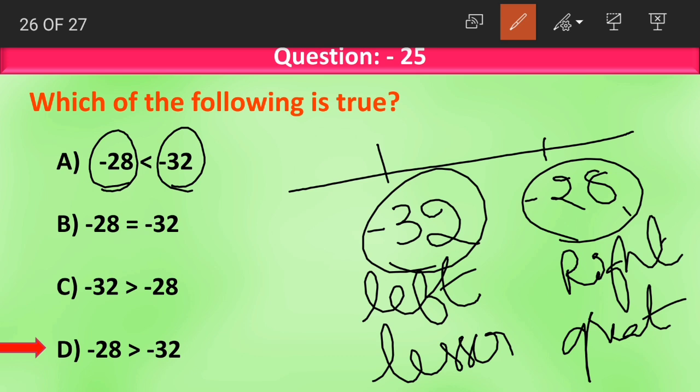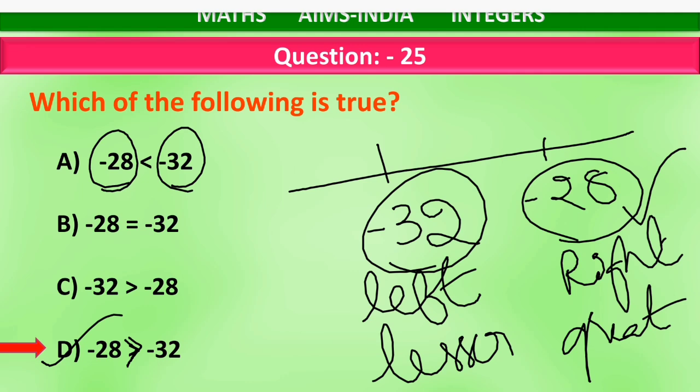Which option says that minus 28 is greater? Option D. See, the sign is open towards minus 28, which means minus 28 is the greater number. So it is the correct option.